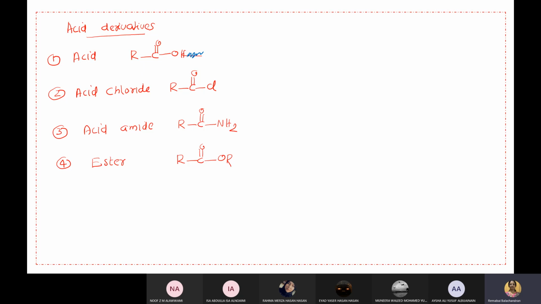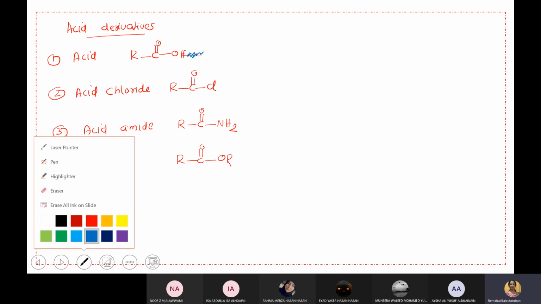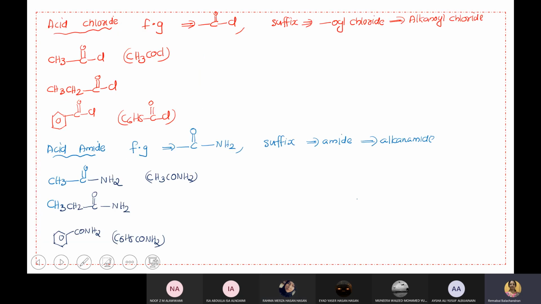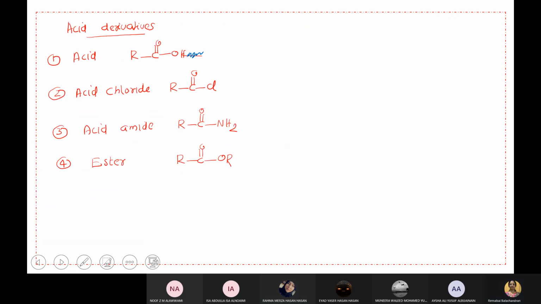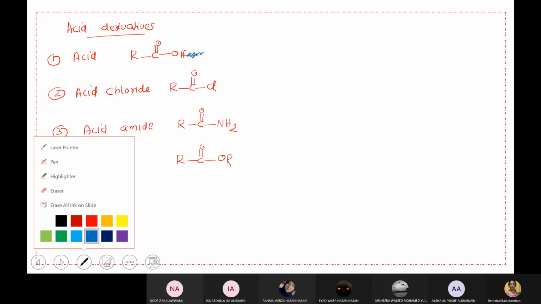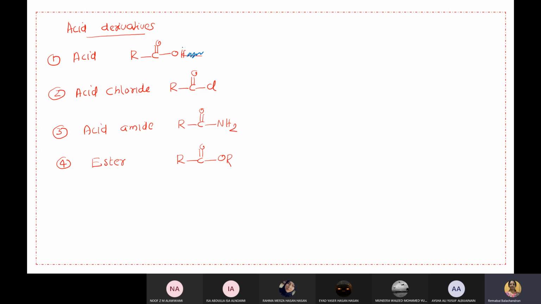Acid chloride means OH is replaced by Cl. In this case, OH is replaced by NH2. In this case, OH is replaced by OR, the ester.